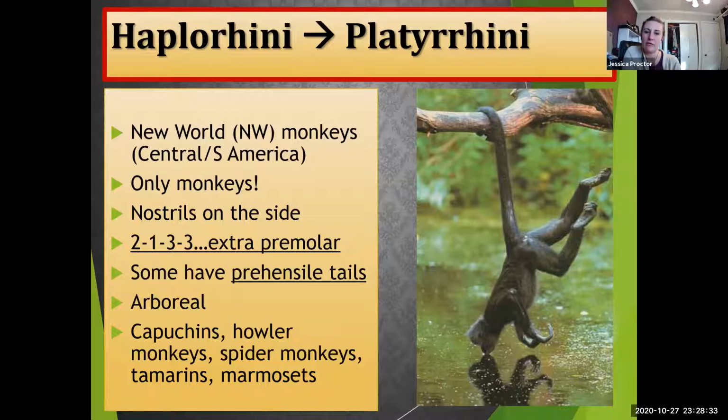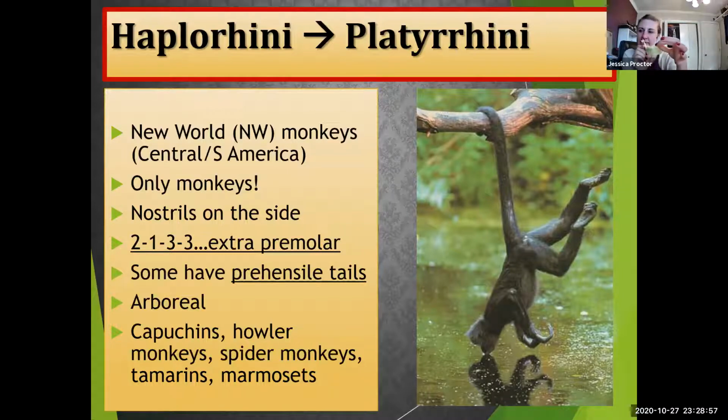Some of the anatomical features, those derived features that will help you identify a platyrrhine, are nostrils that point off to the side, or again, you might see them called lateral facing nostrils. Remember that the term lateral means off to the side. Their dental formula: remember when we're doing dental formula, we're taking the jaw, the mandible, dividing it in half, and starting at the front of the mouth.